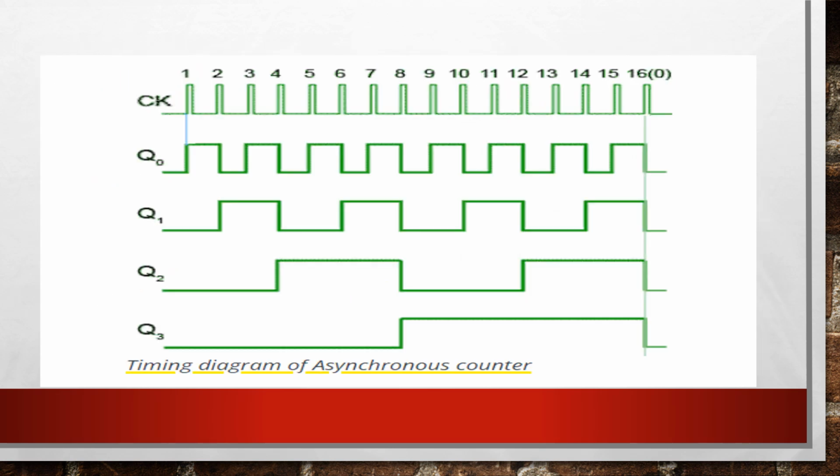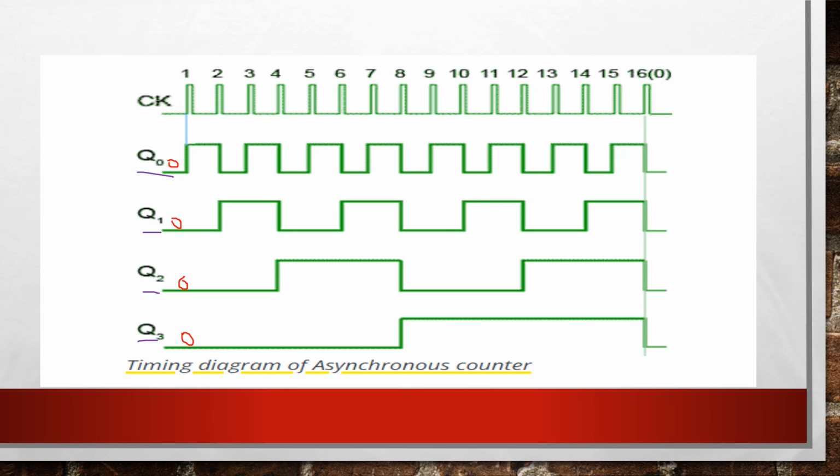So here we could see the clock pulses ranging from 1 to 16. At the start of the clock pulse, you can see the bits Q0, Q1, Q2, Q3. Here Q0 is 0, Q1 is 0, Q2 is 0, Q3 is 0. At the edge triggering, this flip-flop is an edge trigger.